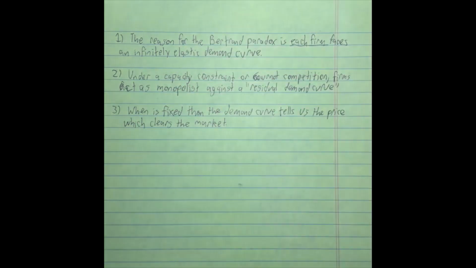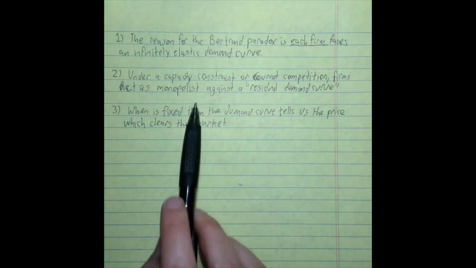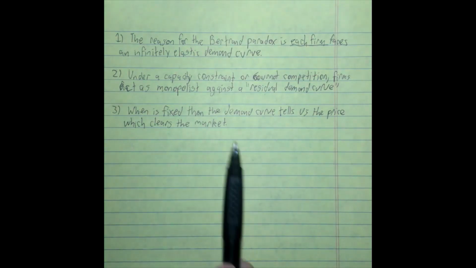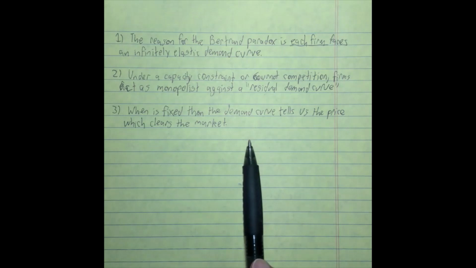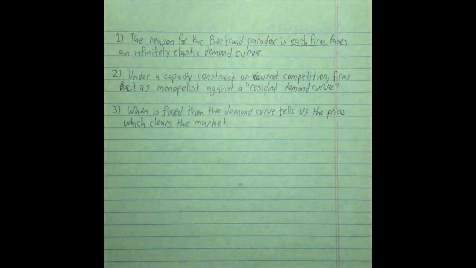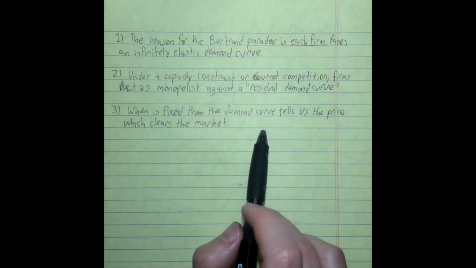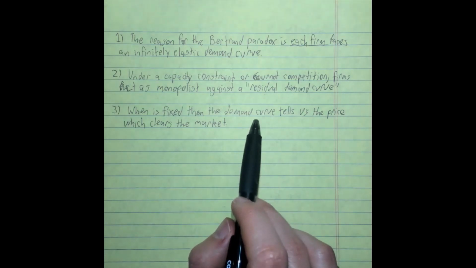In the capacity constrained world, firms produce 2 units of output, and then we knew exactly what the price was because we just asked what's going to sell 2 units of output. In the Cournot competition world, firms produce a certain amount of output, and then the price is exactly what the demand curve tells us.